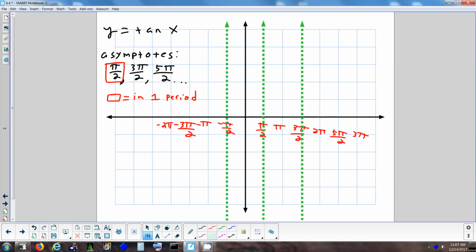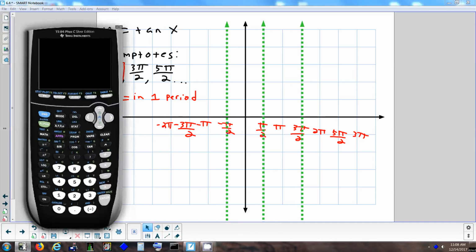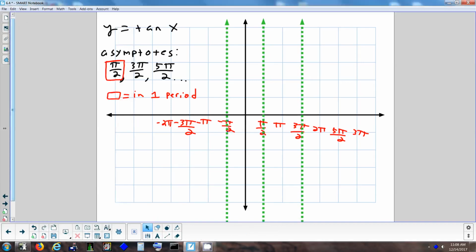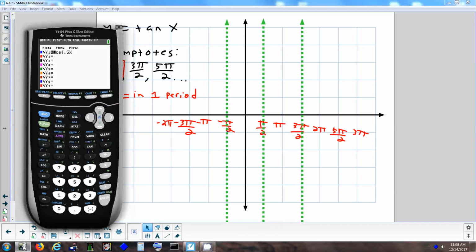So now let's pick a few points that are in between pi over 2 and 3 pi over 2 and make a sketch. First thing is I've got to put tangent in, and I'm going to use the table on the calculator. And if we put pi over 2, watch what happens. It says error. Why? Because pi over 2 is an asymptote. Let's put a value very, very close to that.